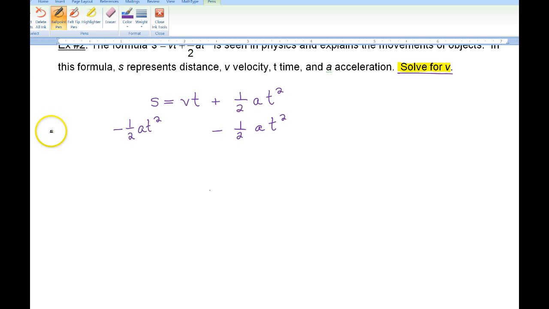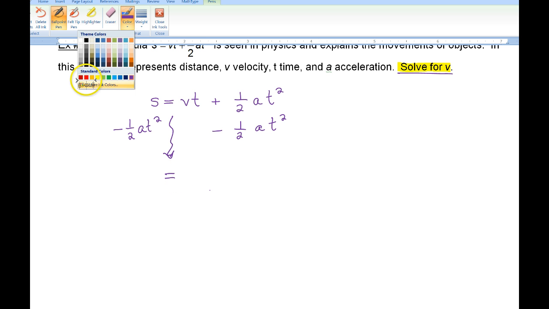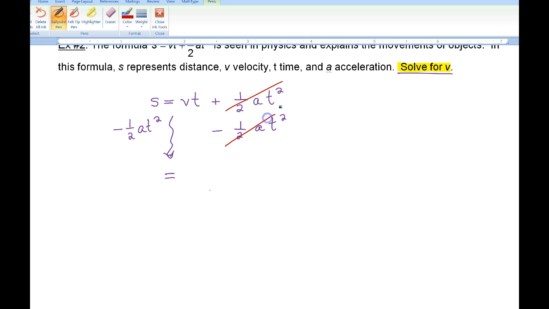Now, when I look at this, here's my equal sign. This whole thing cancels, so I'm just left with V times T. I subtracted that whole thing. So now what does it look like? It looks like S minus 1/2 AT squared.